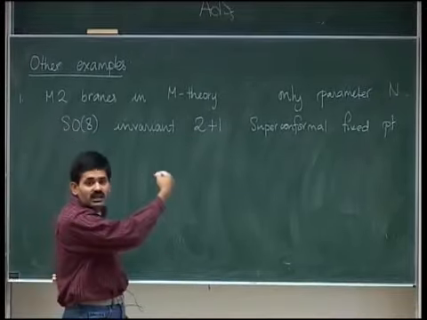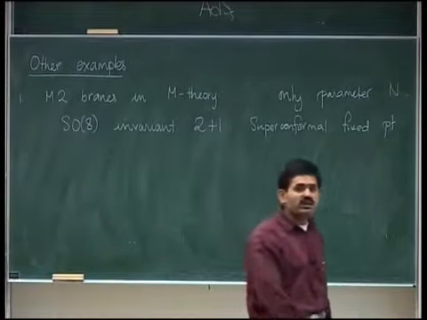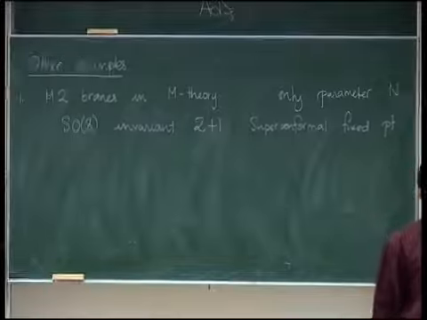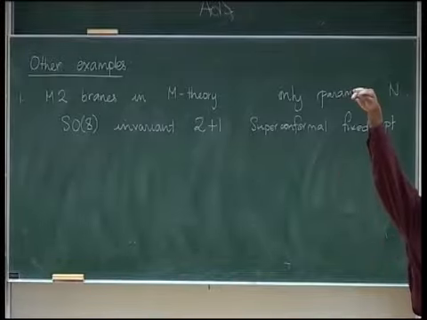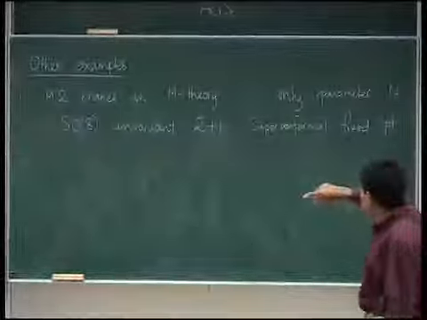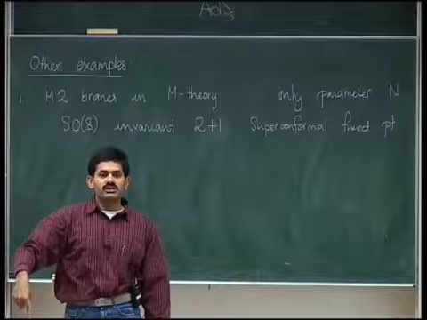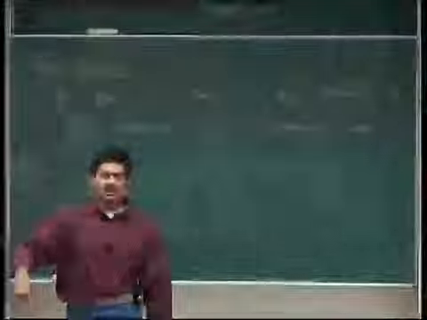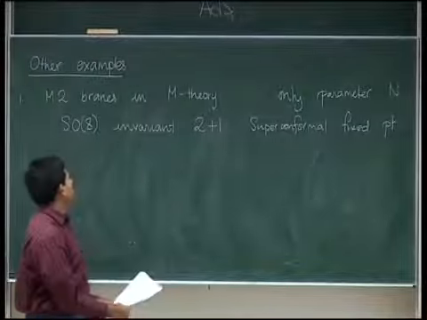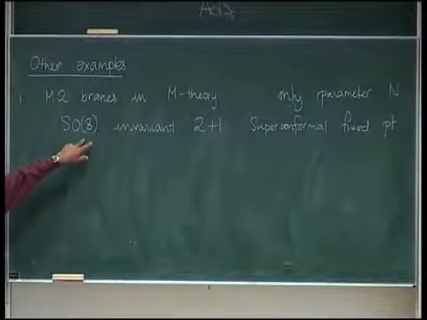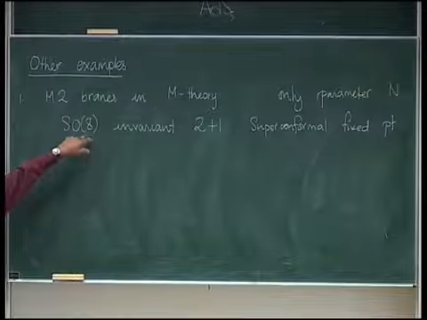The way you can think about this theory is you can start with 2 plus 1 dimensional super Yang-Mills theory, which is free in the ultraviolet, and flow by renormalization group flow to the infrared. In the infrared limit, you recover a superconformal fixed point with this R symmetry group.